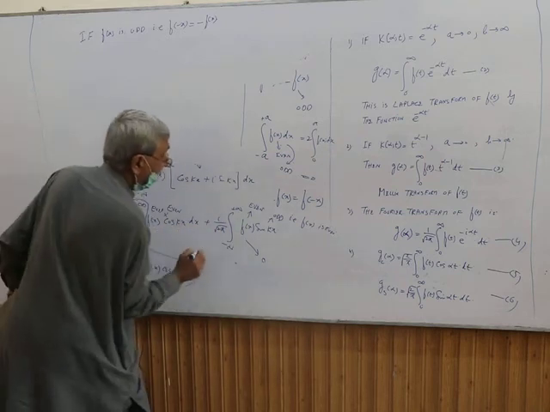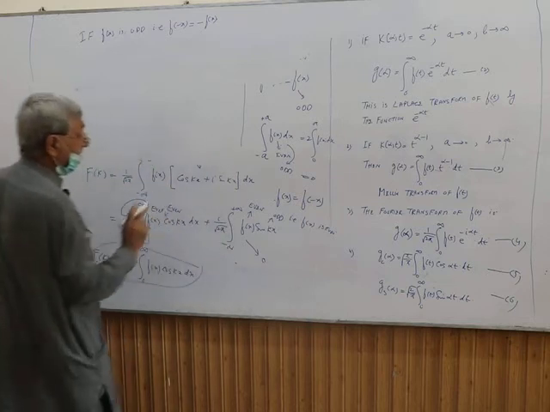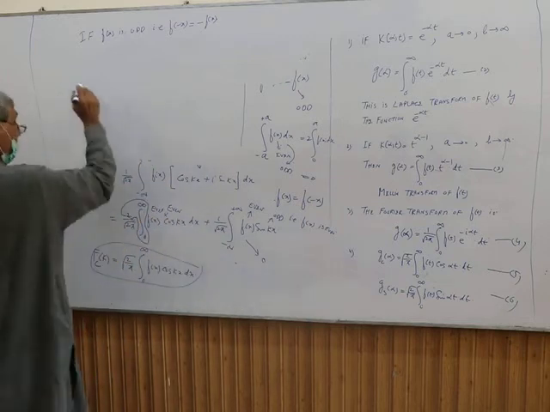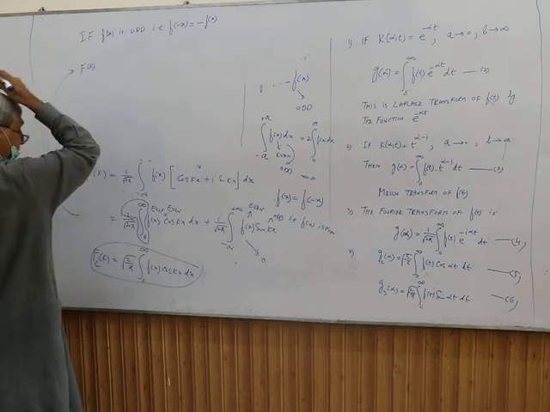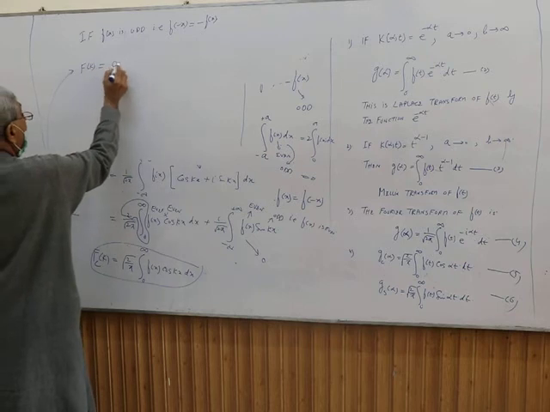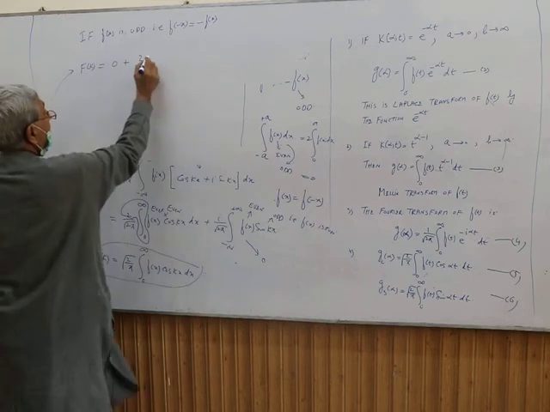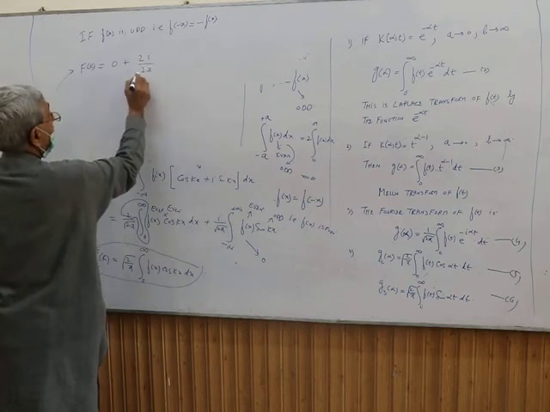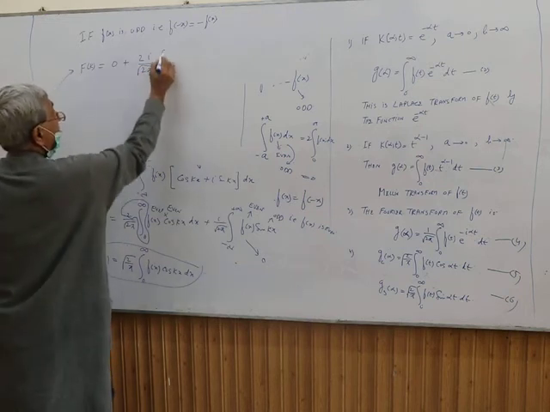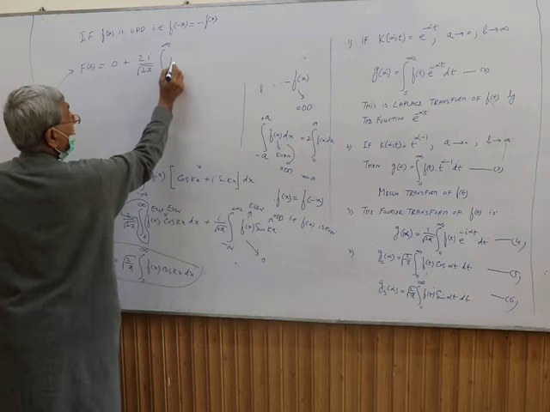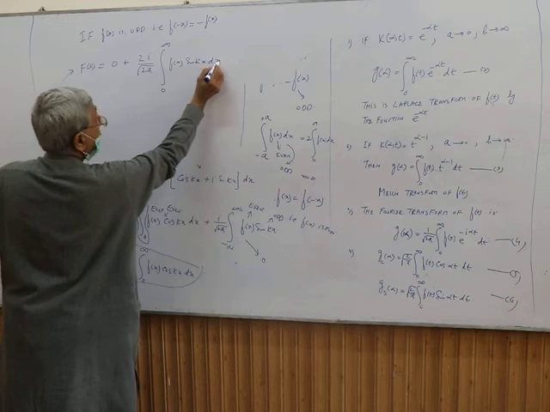However, this is odd, this is also odd, and hence this can be written as 2 times, so I can write this expression as f(k) equals 0 plus 2 times i over the square root of 2 pi, integral 0 to infinity f(x) sine kx dx.